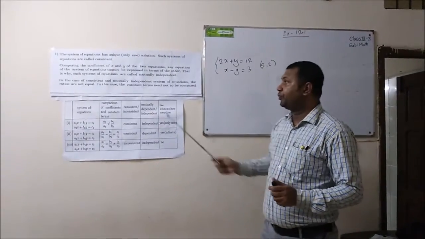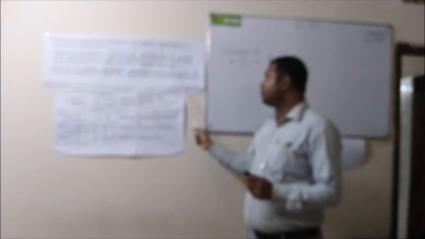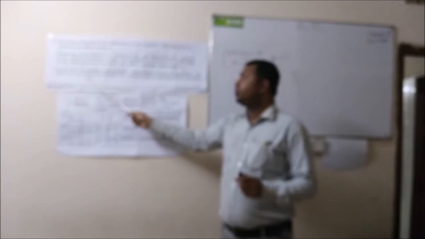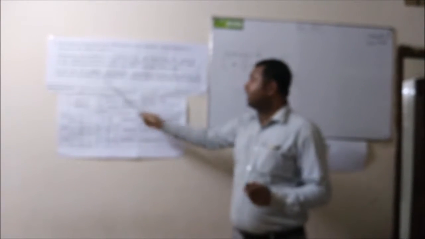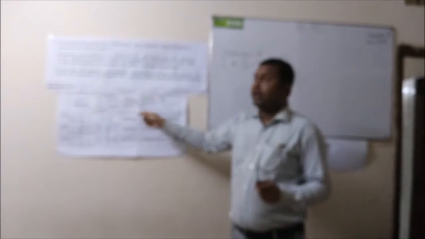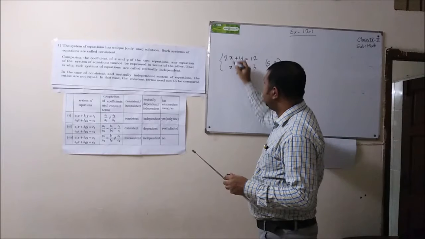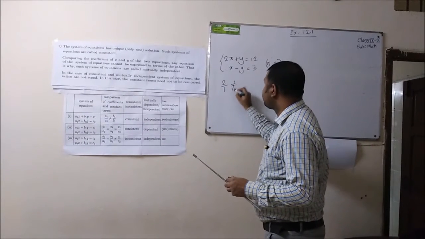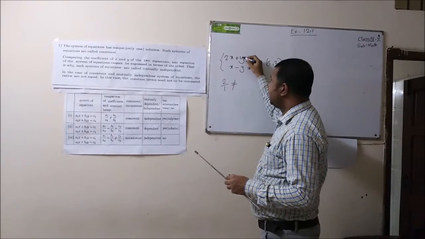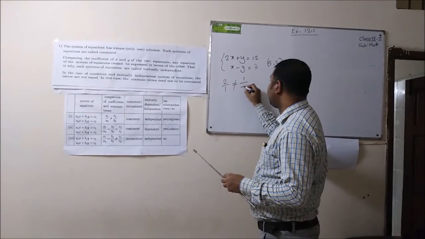Okay. So in the case of a consistent and mutually independent system of equations, their ratios are not equal. That means the ratio of the coefficients of x is 2 by 1, and the ratio of the coefficients of y is 1 by minus 1.